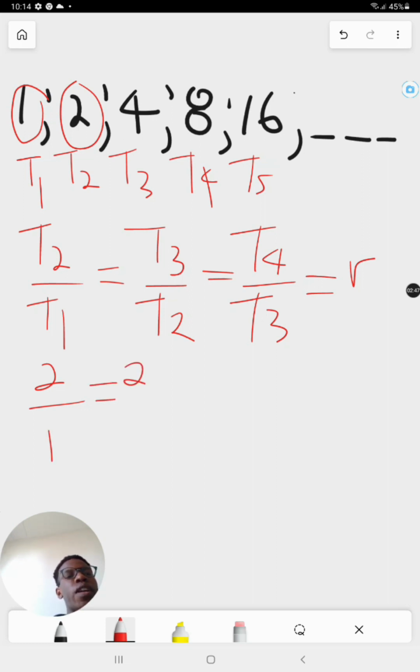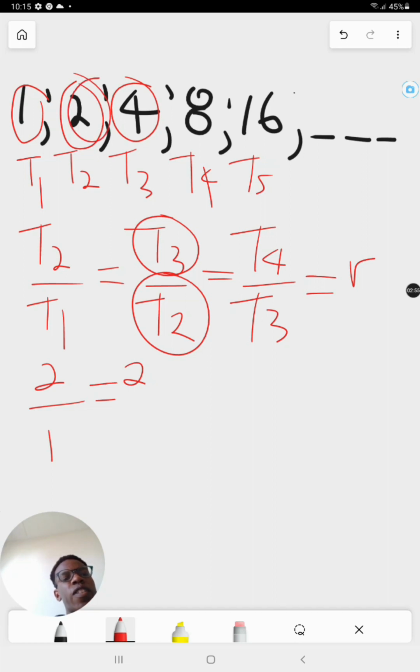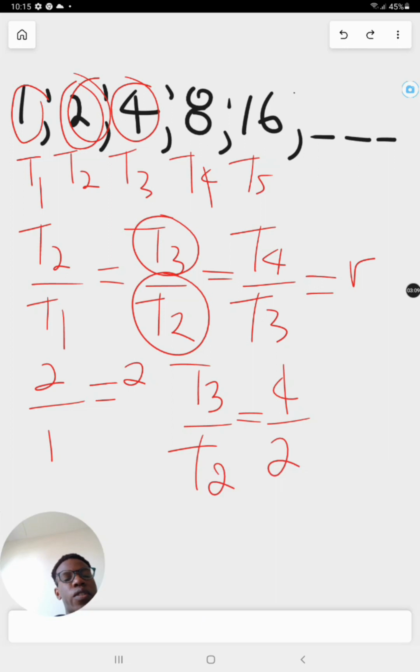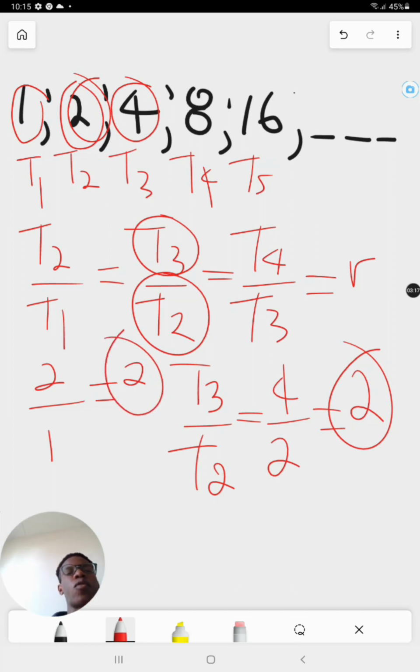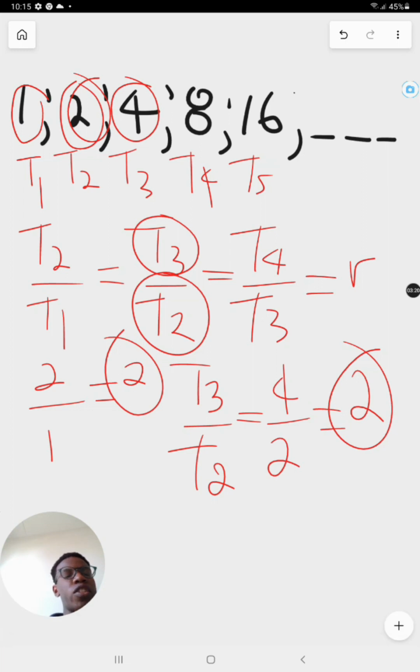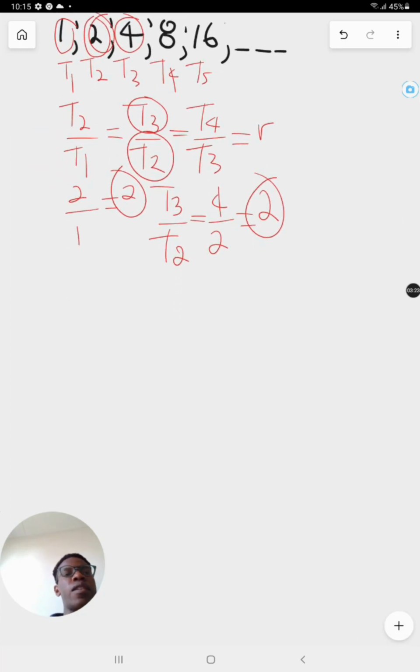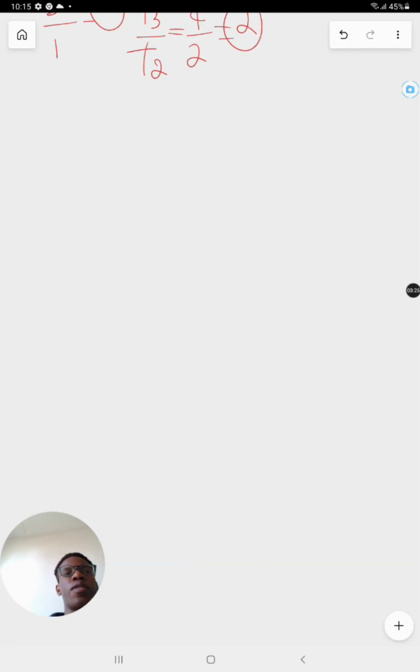Now T3 divided by T2: T3 is 4, T2 is 2, so 4 over 2 is R, which is 2. Those are the same, and it's going to be the same for all of them. This is just a quick recap. The more detailed explanation is in a previous video.